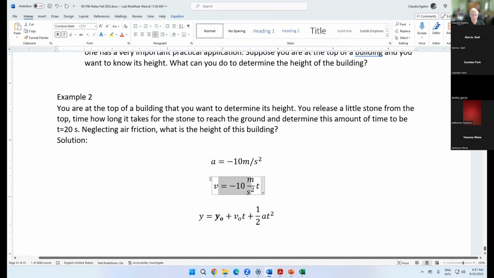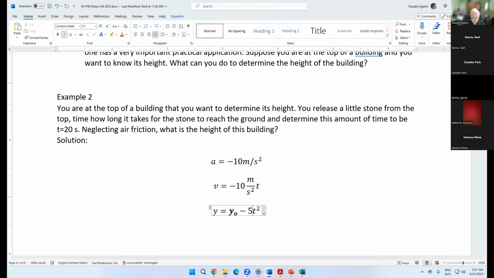And this one here, don't forget, we know what t is. T is 20 seconds. But if we do that, we just determine the final velocity. We don't want to determine the final velocity. We want to determine the height of the building, which is y naught. This term goes to 0 because the initial velocity is 0, right? And here we end up with minus 5 meters per second square.